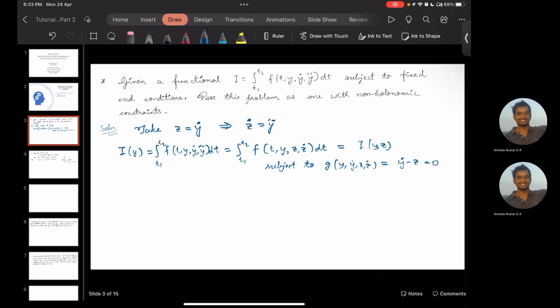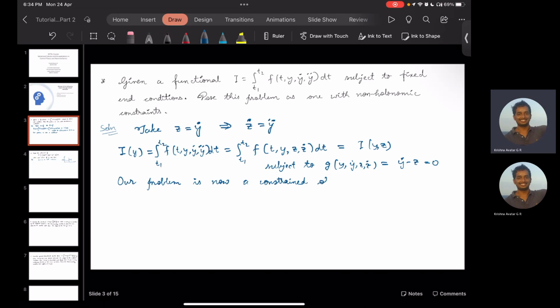So now our problem is a constrained variational optimization problem.